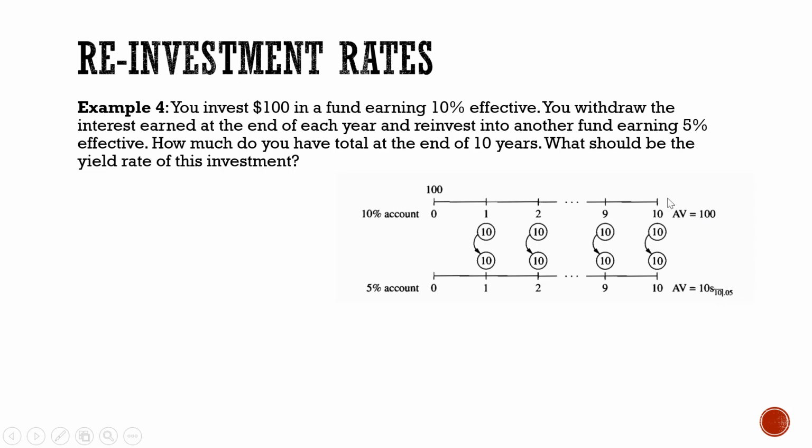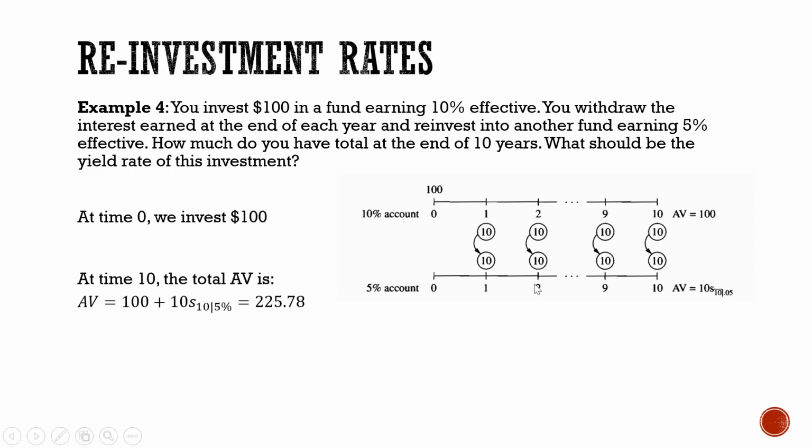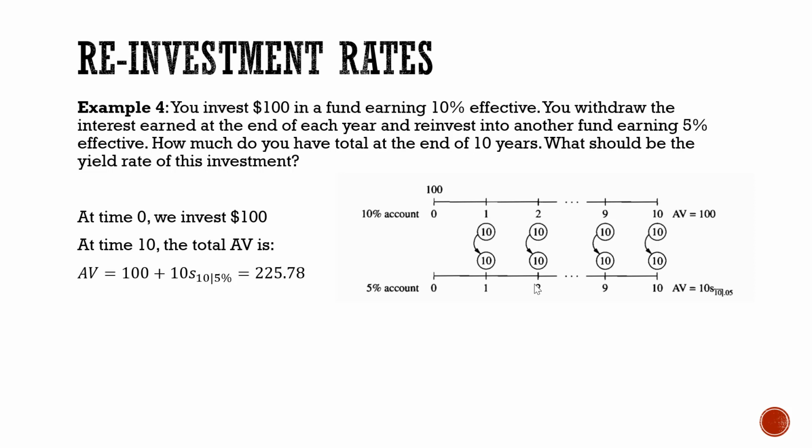So, in short, at time 10, the accumulated value of the first account is $100, and the accumulated value of the second account is 10 s angle 10 at the rate 0.05. So the total accumulated value you have at the end of 10 years is 100 plus 10 s angle 10 at the rate 5%, and this is 225.78.